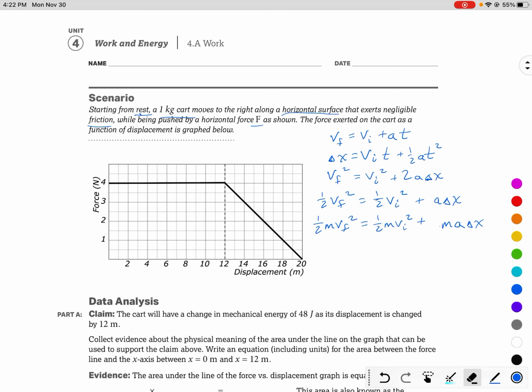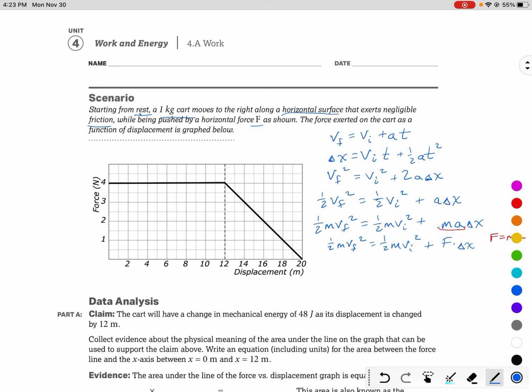And then what I want to do is remind you that Newton's second law says that the force is equal to the mass times the acceleration. So ma shows up right there, so I can rewrite that simply as force.